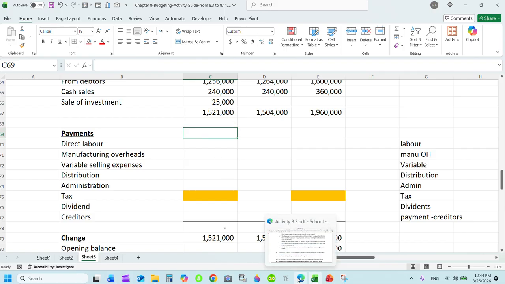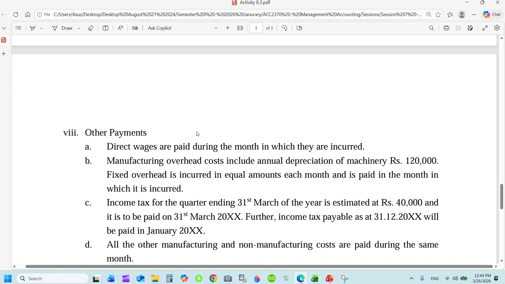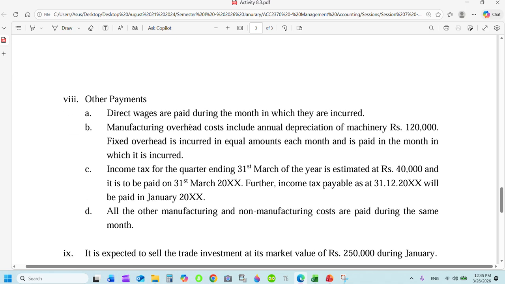Payments. And when it comes to payments, these are the payment related policies. Direct wages are paid during the same month in which they are incurred. So, what are the salary payments we usually make?